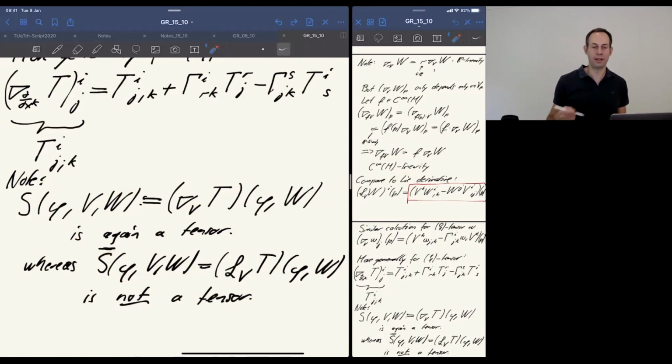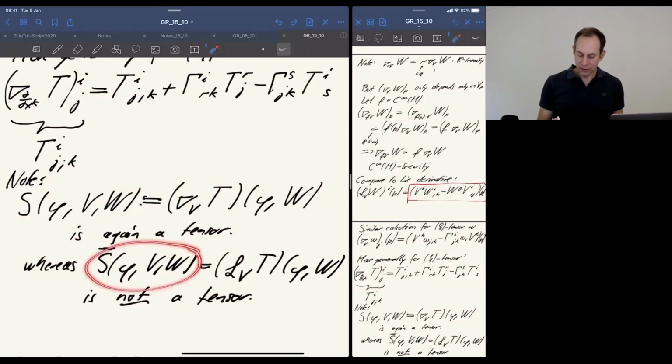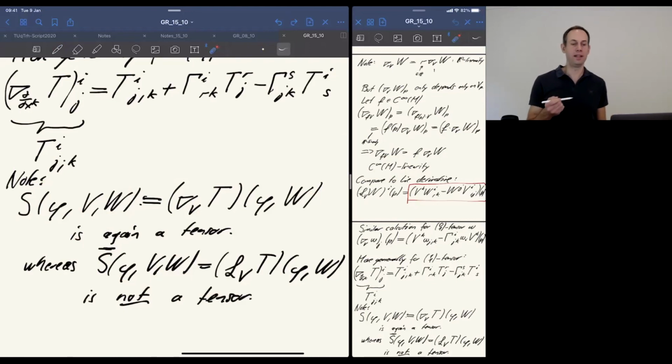Or to say it in different words, this object, if I evaluate it at the point P, depends not only on V at the point P, but on V at other points, and therefore it's not a tensor. So the C infinity linearity that we used when defining a tensor was really the property that makes sure that if I evaluate the tensor at a point, then it only depends on the inputs at that point.